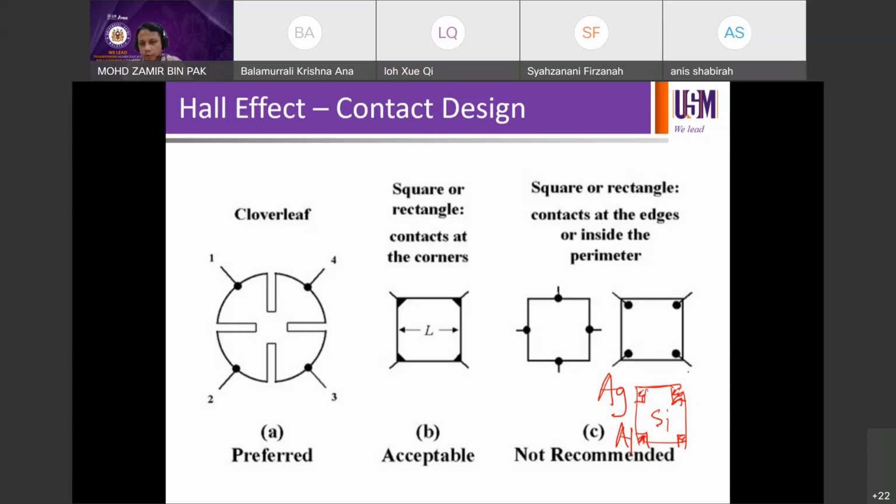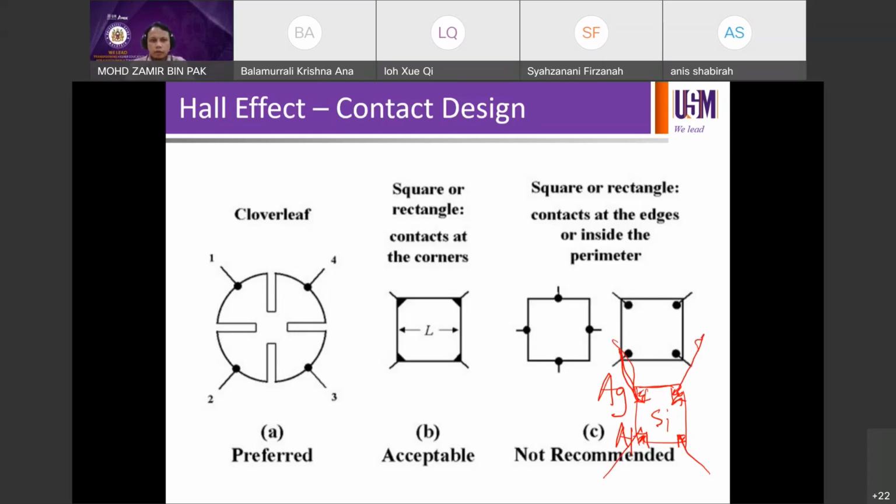Later on, I'll share on YouTube, on eLearn, how a Hall effect measurement works. There'll be 4 probes, say the probe has 4 needles. The probes will be probing on the sample, on the metal contacts, and then you're going to run the Hall effect measurement. And then you're going to get your resistivity, carrier concentration, p-type, n-type, and all that, right?